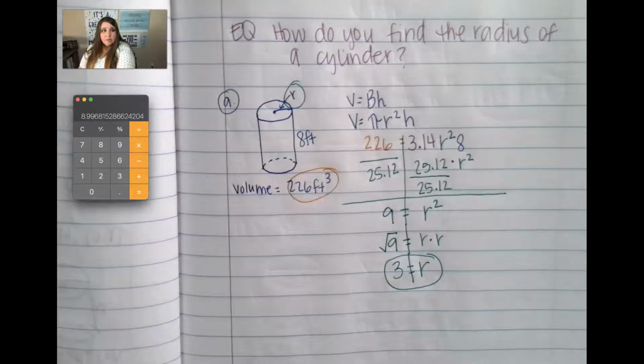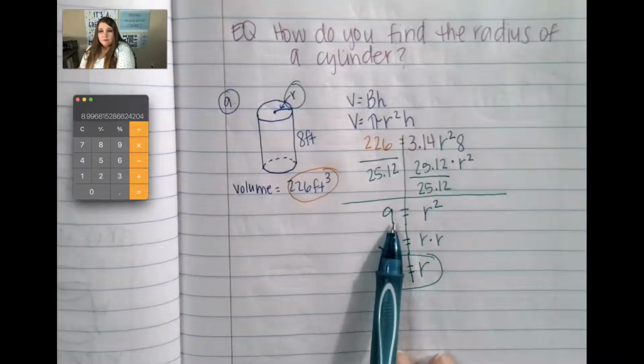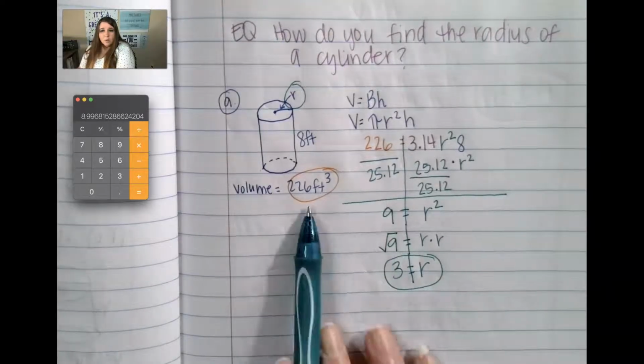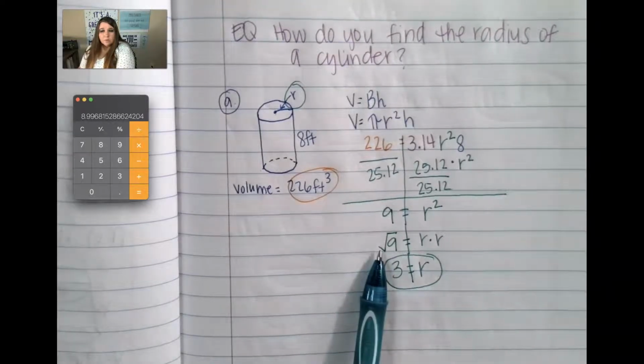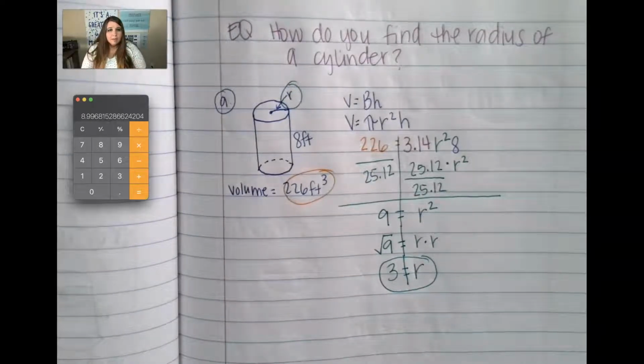Getting down to this point, where you are finding the square root, is where we're going to need to round. So again, we had this number of 8.99 whatever. We just round it to the nearest whole number, and then we're able to go from there.